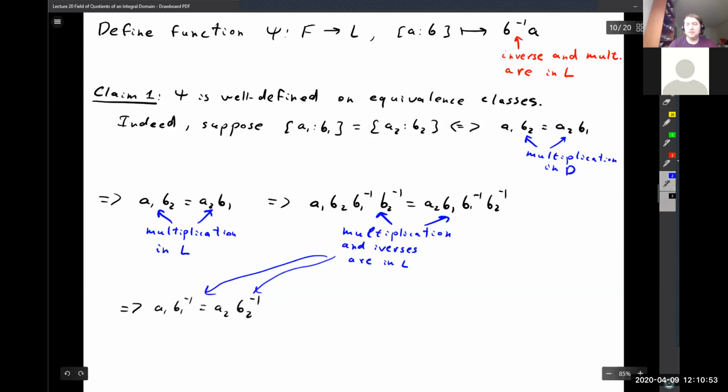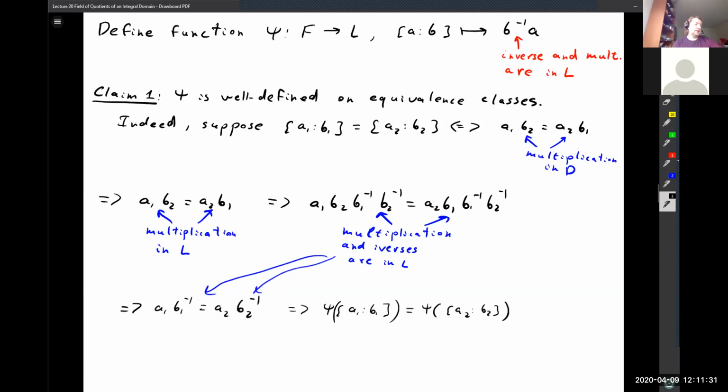And that's precisely what would mean that psi of A1 over B1 equals psi of A2 over B2. So this psi is well defined on equivalence classes. No matter which representative of the equivalence class of a fraction we take, we always get the same element of L in the end of the day.